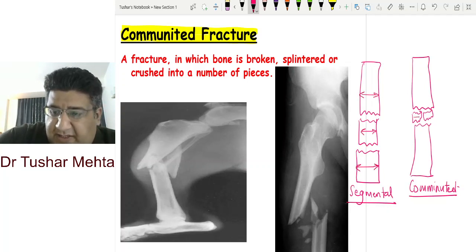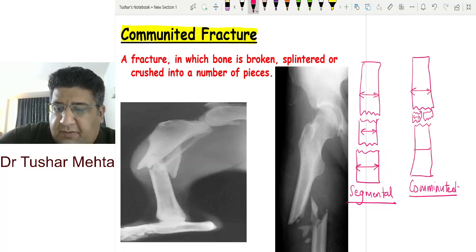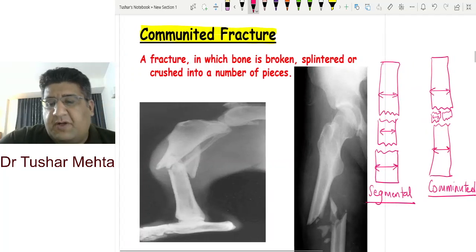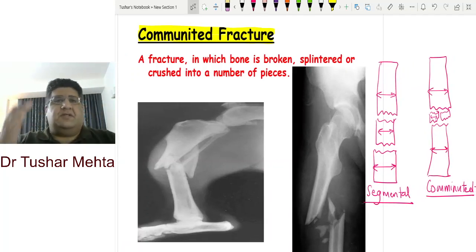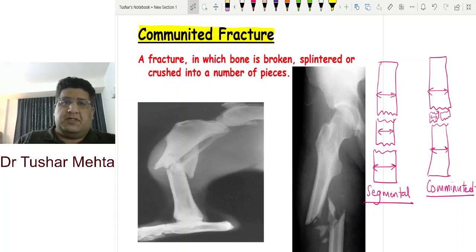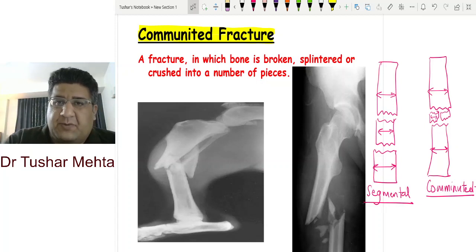But when the size of the intermediary fragment is quite small as compared to the proximal and distal fragment, we call it a comminuted fracture. Both fractures, whether segmental or comminuted, will have more than two fragments, but it depends upon the size of the intermediary fragment whether you call a fracture comminuted or segmental.